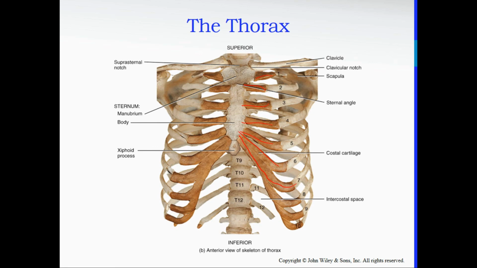The next 3 are called false ribs because they share cartilage that connects them to the sternum. And then your bottom 2, little old 11 and 12 down here, you can see 11 right here on this side, they do not attach. You can see the free end of it right there and right there. Those ribs do not attach to your sternum, and they're referred to as floating ribs.